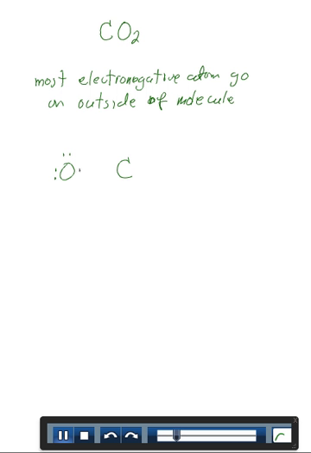So we have 2 lone pairs and 2 unpaired electrons. We need to get the electron configuration for carbon. So what we can do is look at carbon's configuration, and I'll draw the 2s and the 2p orbitals separately.